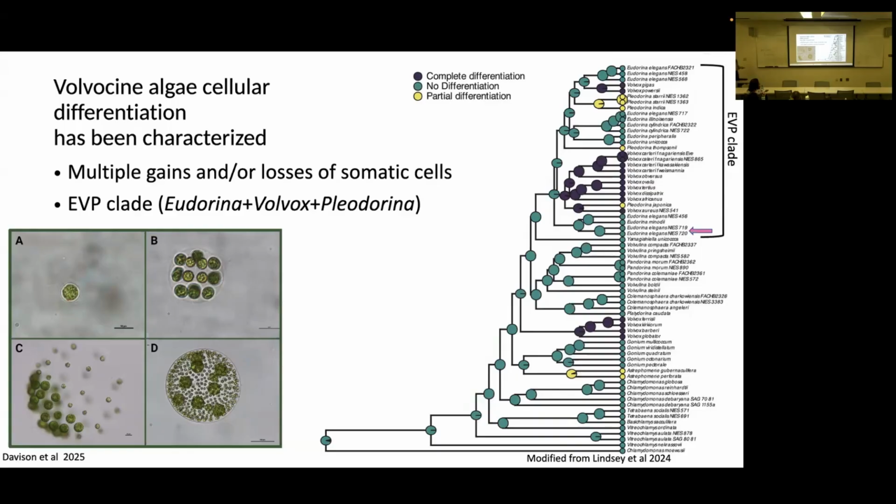So a lot of my work focuses on a species of Eudorina that falls right here in the tree, in this little Eudorina subgroup that's an outgroup to the rest of the EVP clade. But I've also looked at other Eudorina species distributed in different parts of the EVP clade.